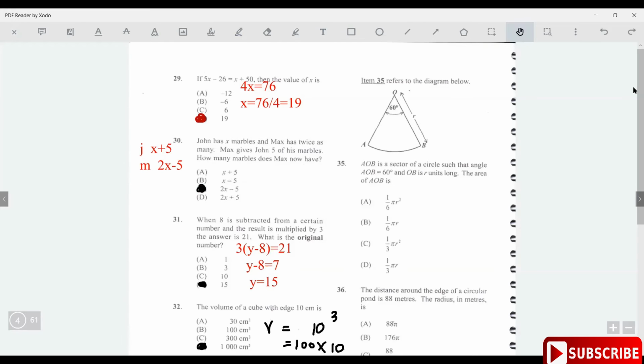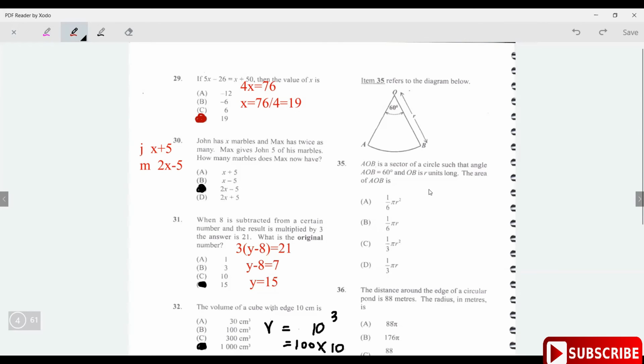It says that AOB is a sector of a circle such that the angle AOB is 60 degrees and OB is r units long. The area of AOB is, now, notice what it said, it gives you the sector angle. Now, area of a sector is what?